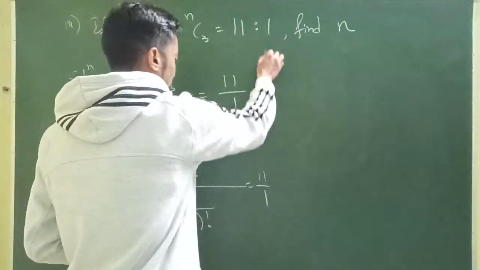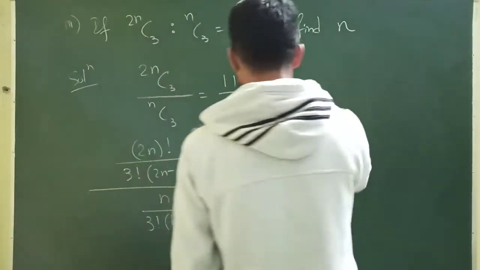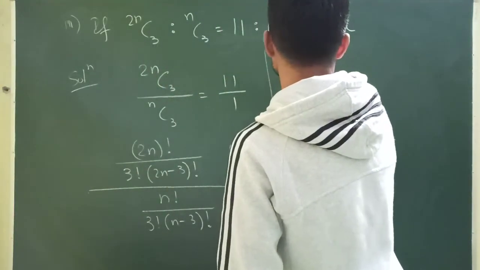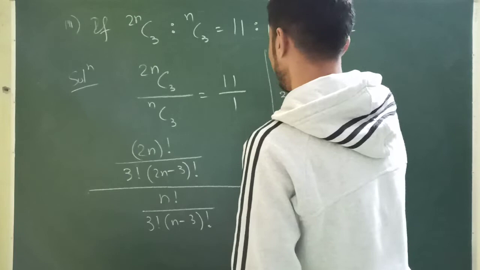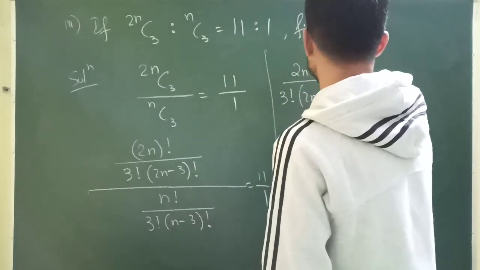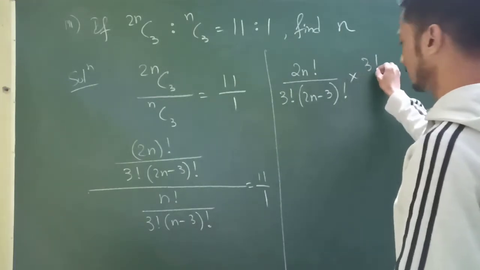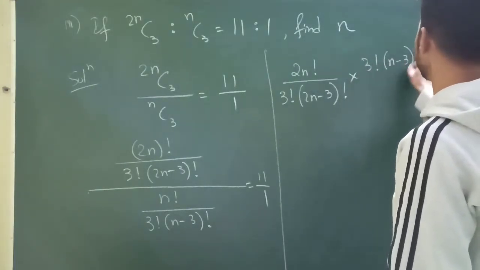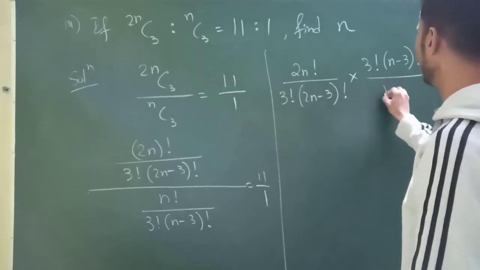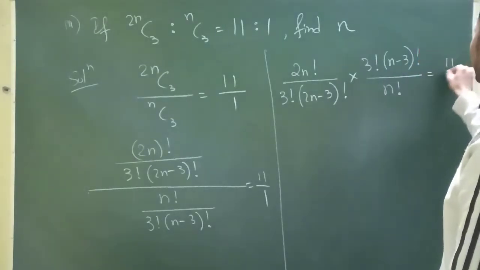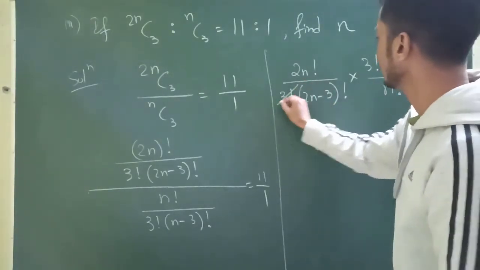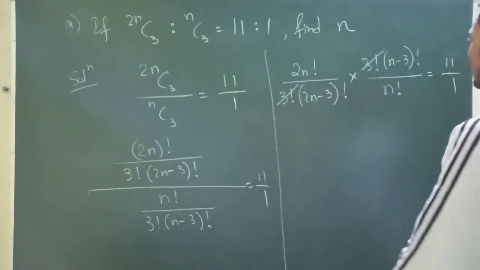Alright, let's simplify this. We will take it step at a time. The 3 factorial goes away.